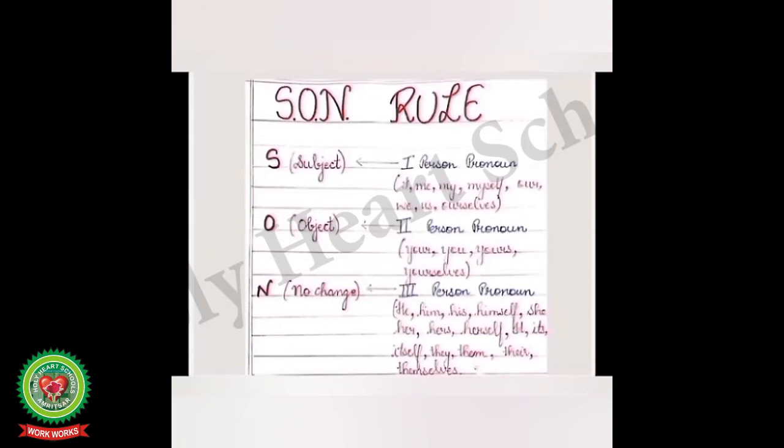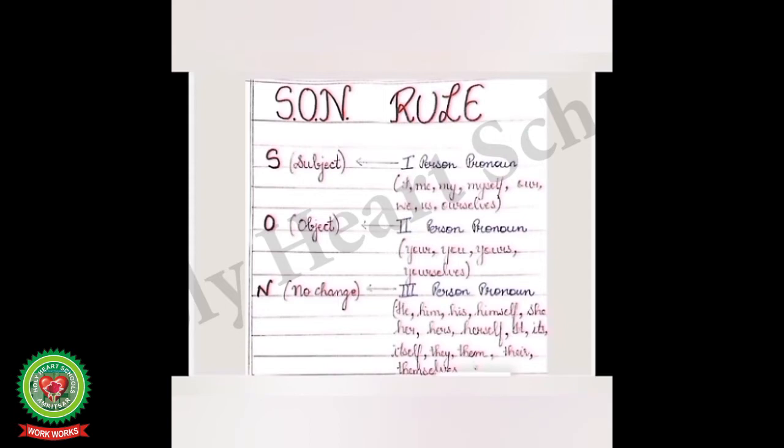SON rule. S refers to subject, O refers to object, and N refers to no change. First person pronoun changes according to the subject. For example, if these words, I, me, my, myself, our, we, us, ourselves, are there in reported speech, these words will change according to the subject.